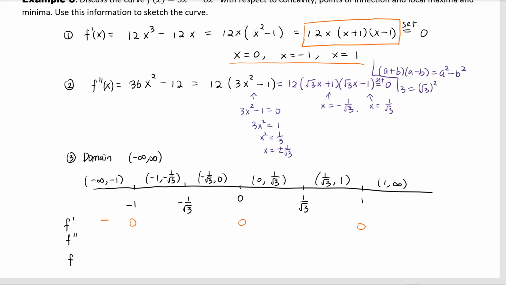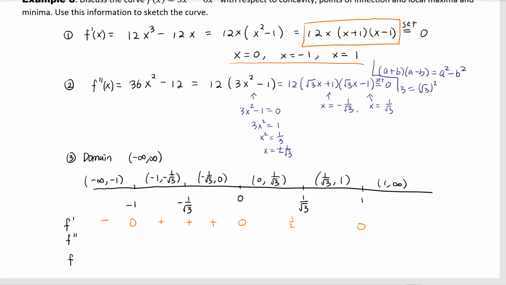So 2 negatives give us positive. Okay, here they will have the same sign as well, because the only points that change the sign of f prime are the critical points, -1, 0, and 1. So that's why all 3 pieces will have the same sign.